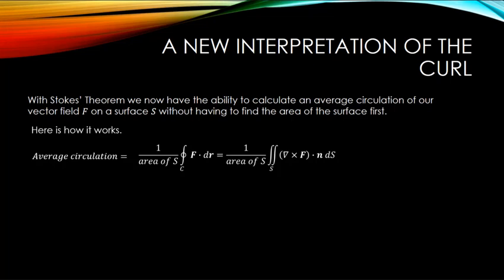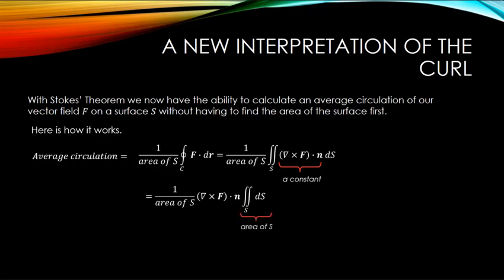But keep in mind that dot products are always scalars. That means they're constants. So that del cross F dotted with n is a constant, and constants can be brought out of the integral, so this can be rewritten as 1 over the area of S times del cross F dotted with n times the double integral over S dS.